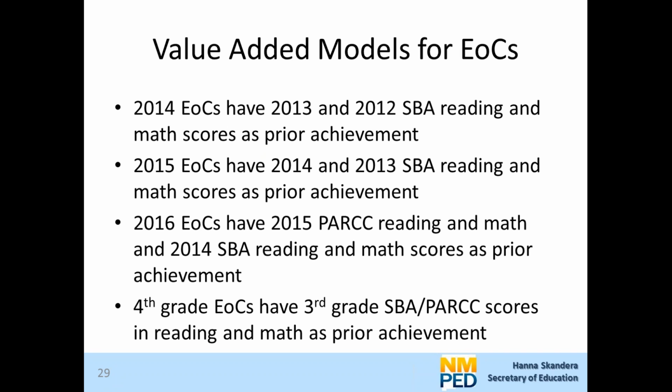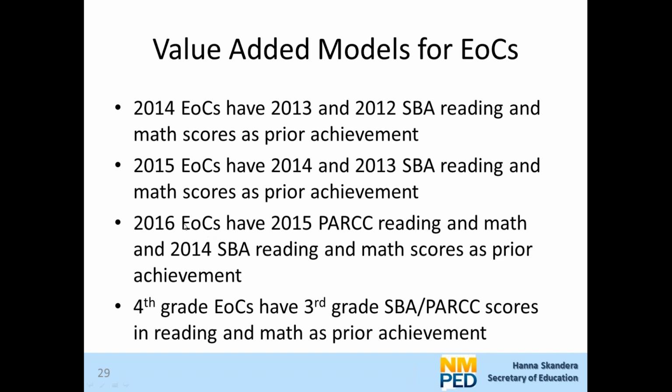But your prior achievement for 2014 end of course exams was the 2013 and 2012 SBA reading and math scores. So 4 scores used as prior achievement for the end of course exams. In 2015, the prior achievement was the 2014 and 2013 SBA reading and math scores. So again, 4 scores, 2 for reading and 2 for math as prior achievement.